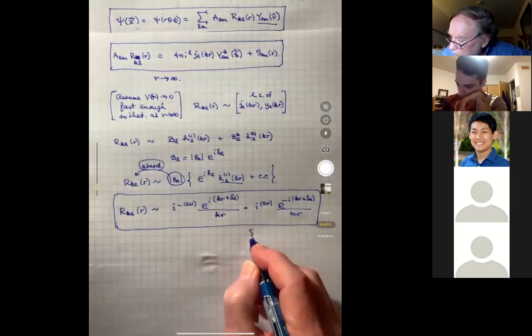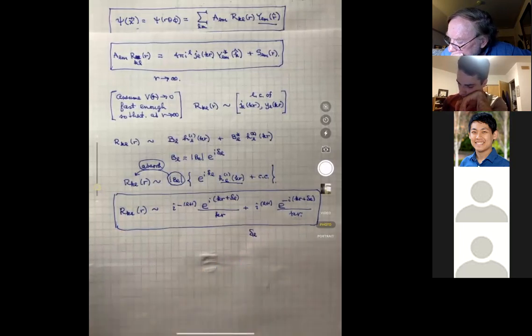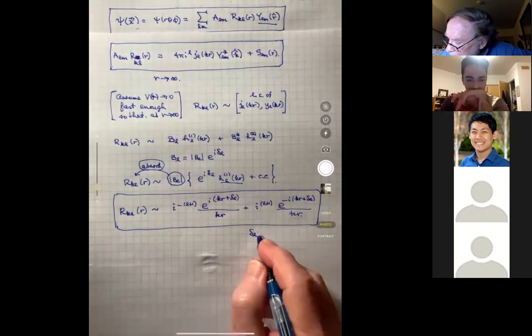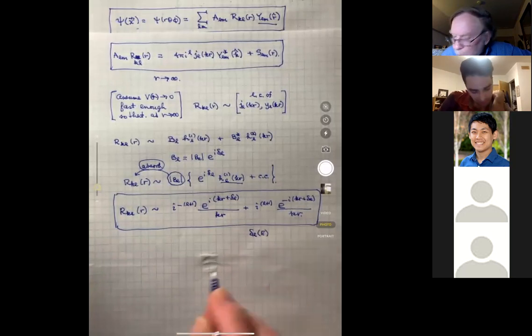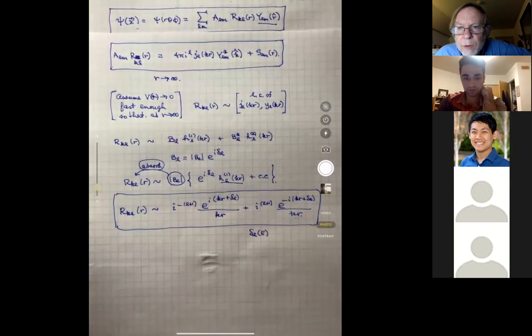The delta L's are usually called the phase shifts. There's one for each L. They actually depend on k as well. You can write them as delta L of energy E if you want to emphasize that. But in any case, they're called the phase shifts, and they turn out to be an important set of parameters for the scattering problem in the case of spherically symmetric potentials. There's one parameter for each L value, which is determined by the potential.